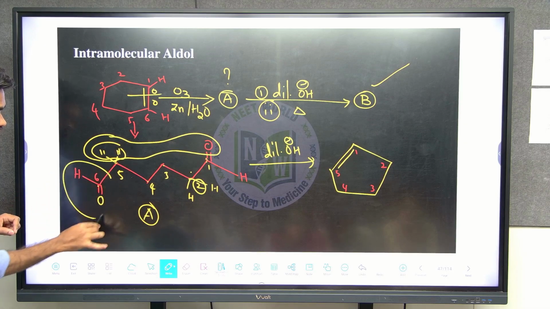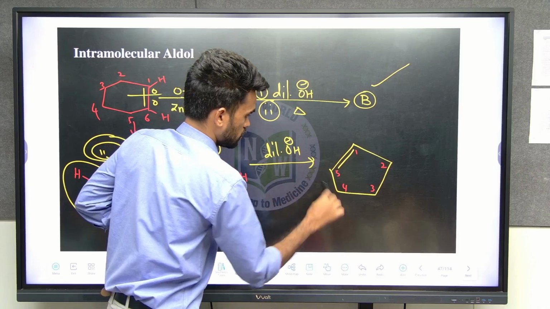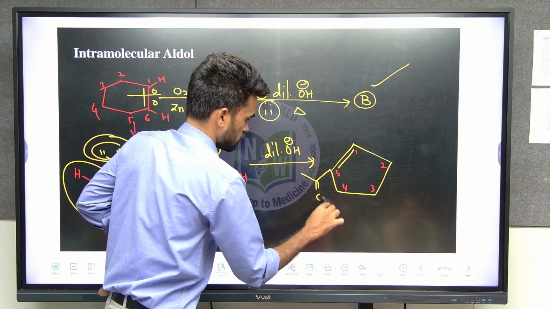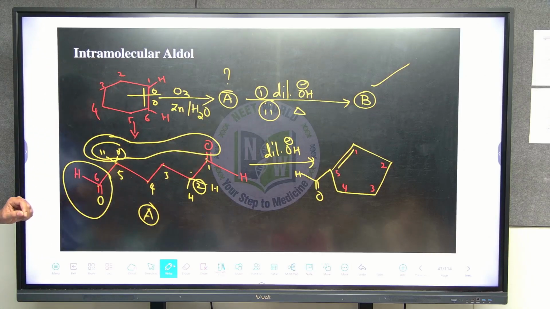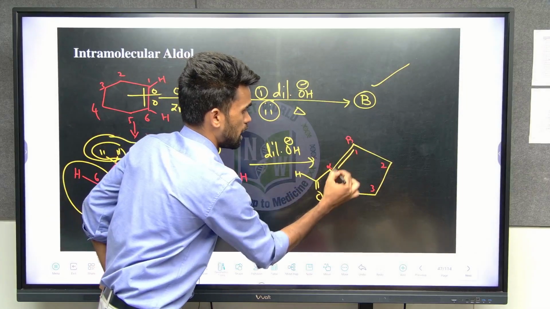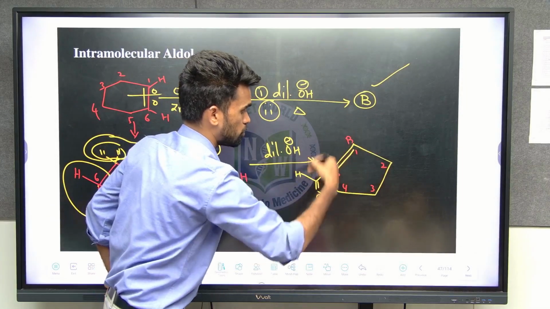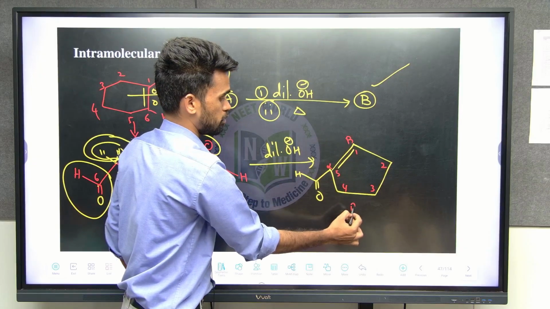You put that here. That's it. Any other group missing? Same now, that's it. So now check, this is alpha, this is beta. Alpha, beta unsaturated carbonyl compound is formed or not finally? So this is our final product. This is your final B.